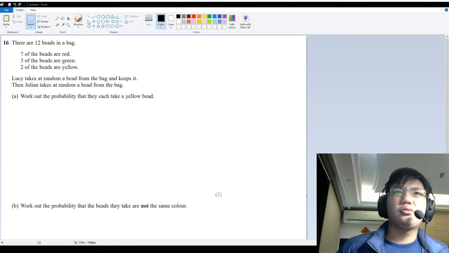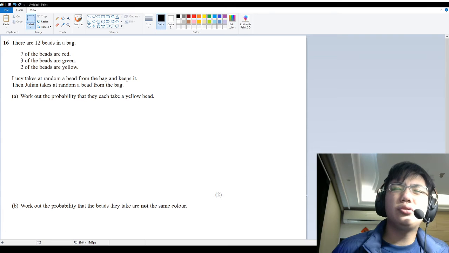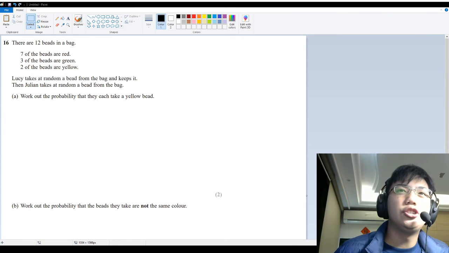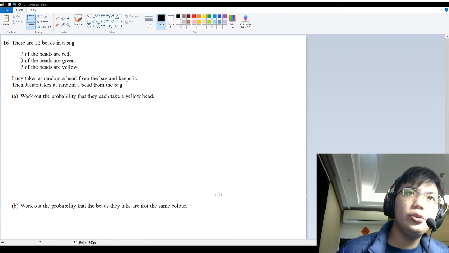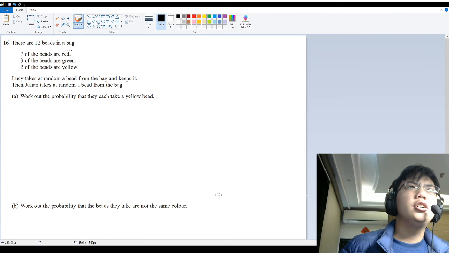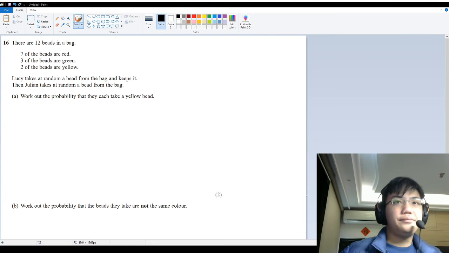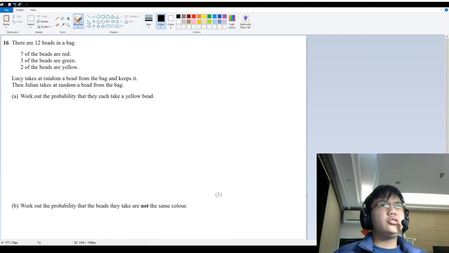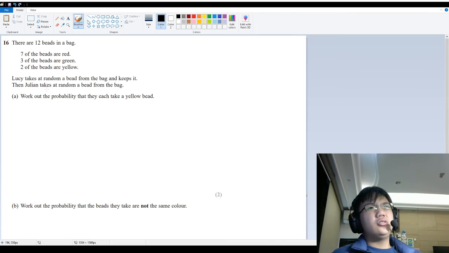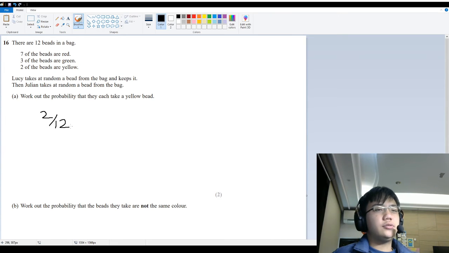So firstly, for the first part of the question, the probability of Lucy taking a yellow bead is 2 out of 12, as there are 2 yellow beads in the bag and there are 12 total beads.